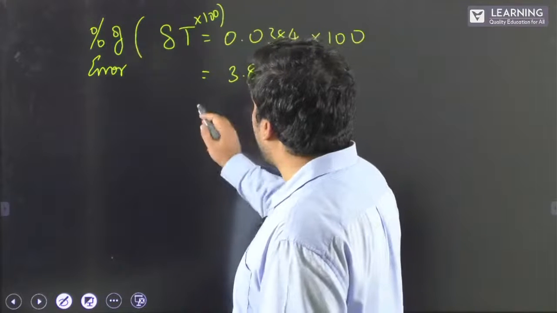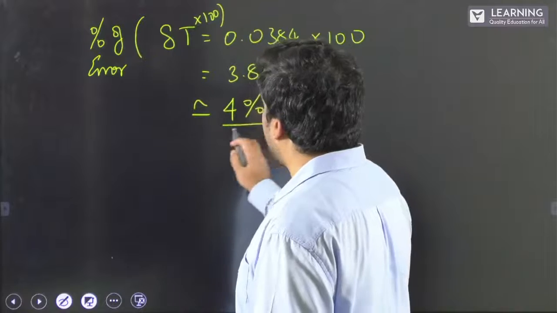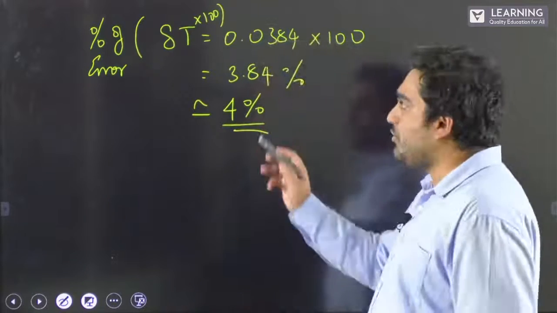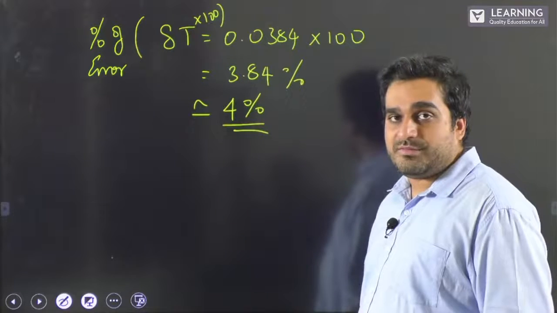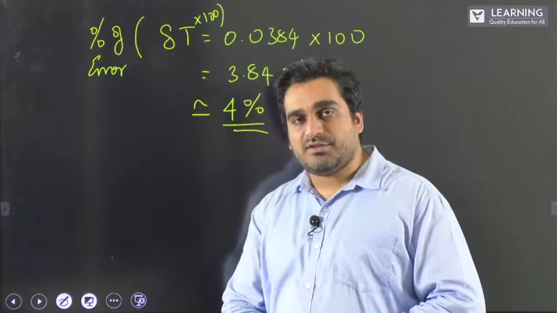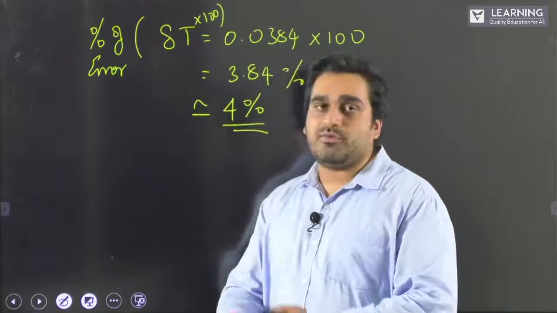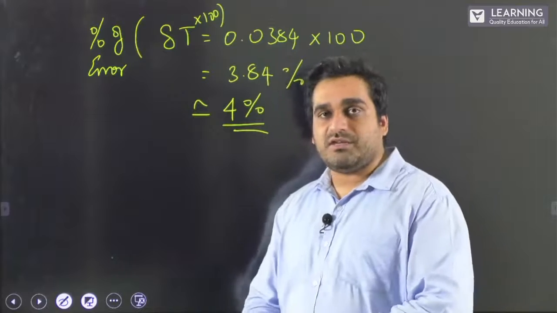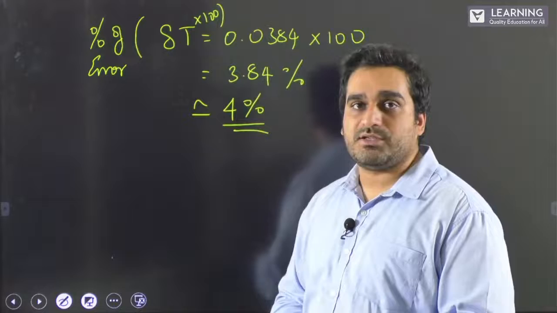This 3.84% can be approximated to 4%. This would be the percentage of error of a given instrument. So this is how you find it step by step: first determine the absolute error, then the relative error, and multiply it by 100 to get the percentage of error.